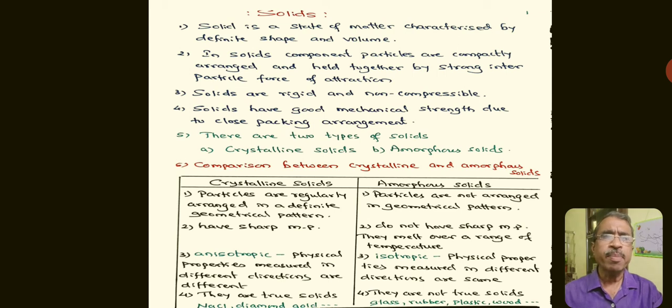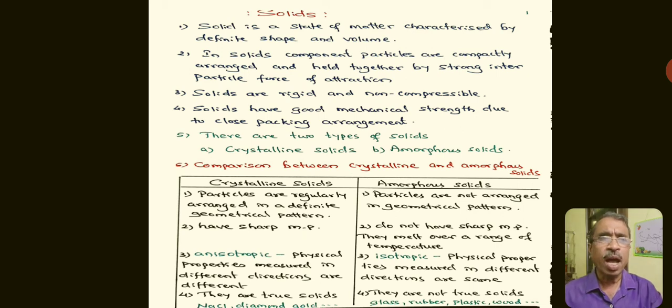There are two types of solids: crystalline solids and amorphous solids. Crystalline solids are those in which particles are regularly arranged in a definite geometrical pattern, whereas in amorphous solids, particles are not arranged in a geometrical pattern.